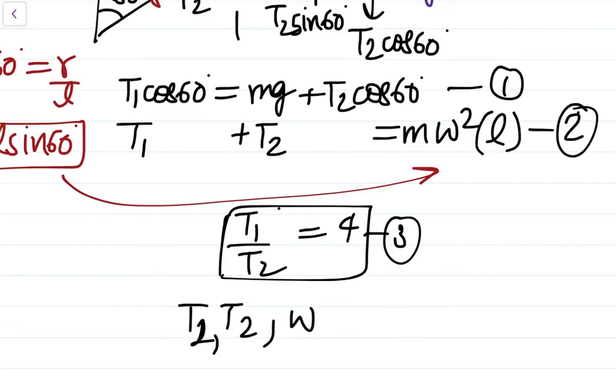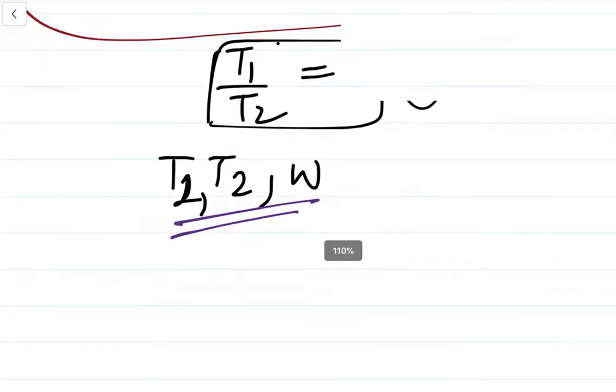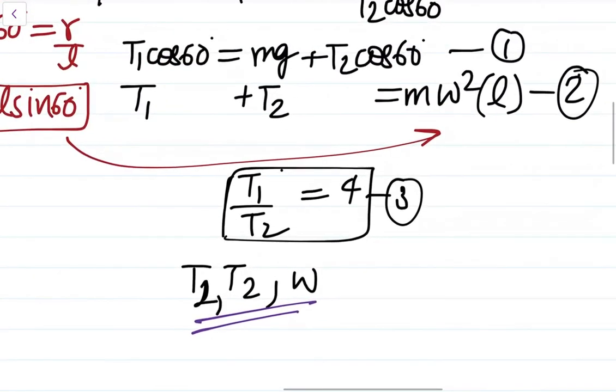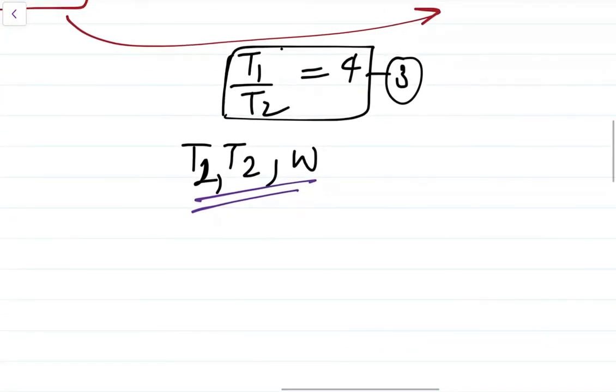So these three variables are here, and we also have three equations, so we can easily solve equations 1, 2 and 3. After solving, I'm just writing the answer. You can solve it at home. This is kind of a homework for you. So after solving, omega will come how much? 14 radians per second.